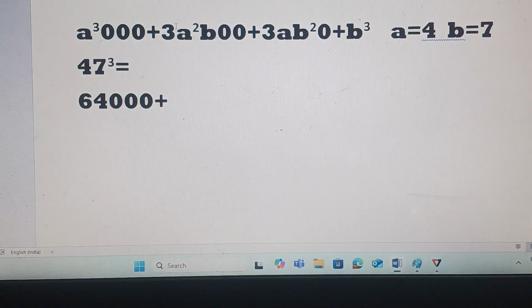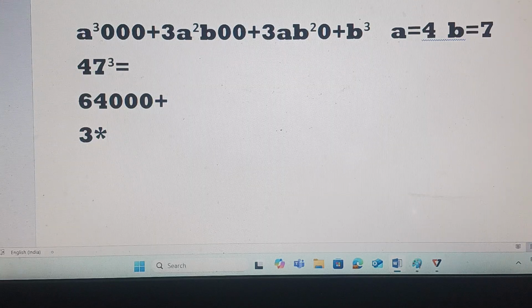Now for our next part, we have 3a squared b with 2 zeros. We're going to multiply 3 with these two, so 3 times a squared is just 4 squared, which is 16.